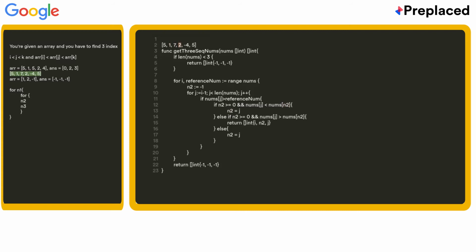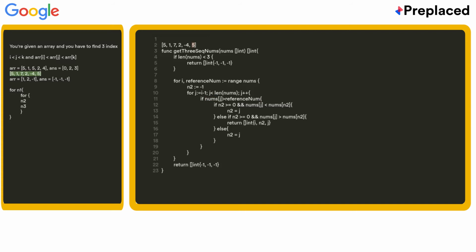Again, it will come with minus 4 in the second loop, and since it is smaller than 1, that is the reference number, it will avoid this if altogether and move on to the next number, that is 5.